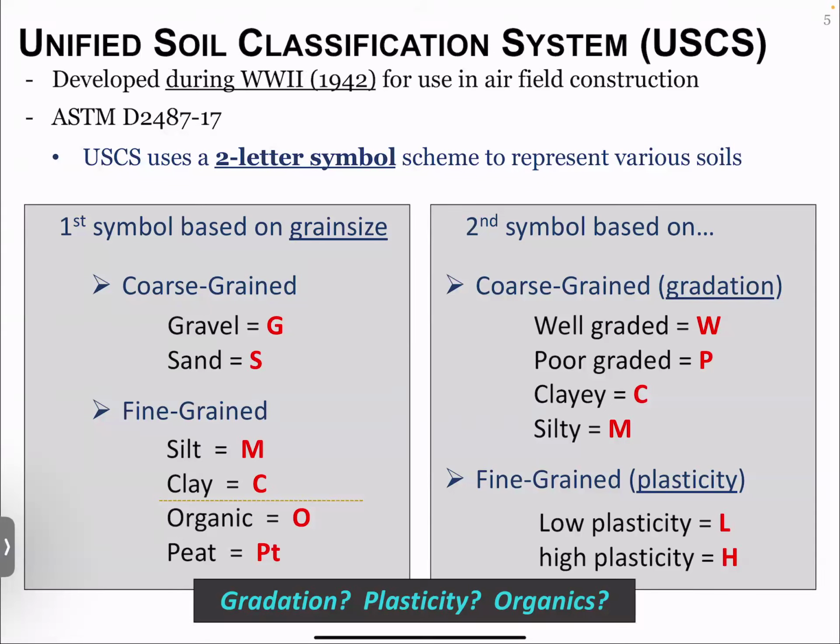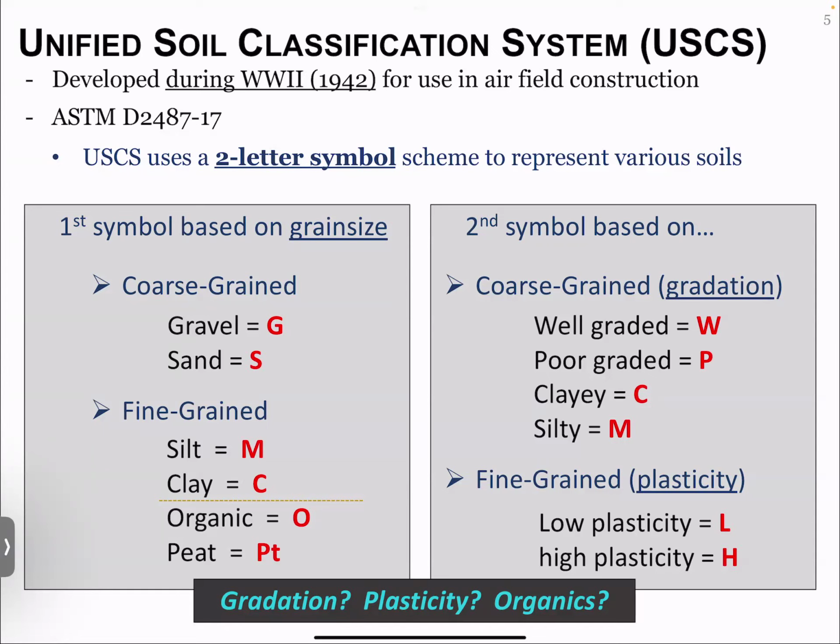The second symbol is based off of gradation if we have a coarse grain soil, and plasticity if we have a fine grain soil. For gradation, we look at the gradation curve and calculate the Cc and the Cu, the coefficient of curvature and the coefficient of uniformity.